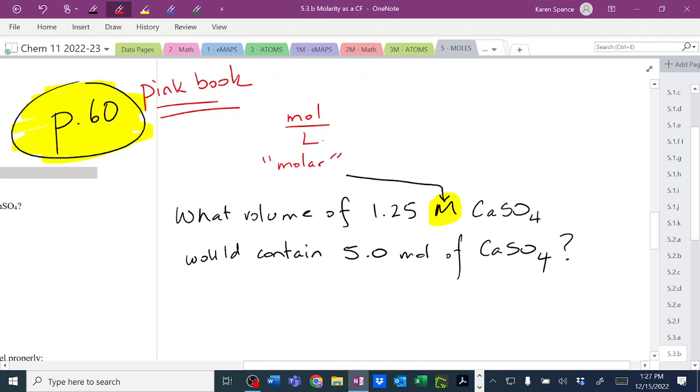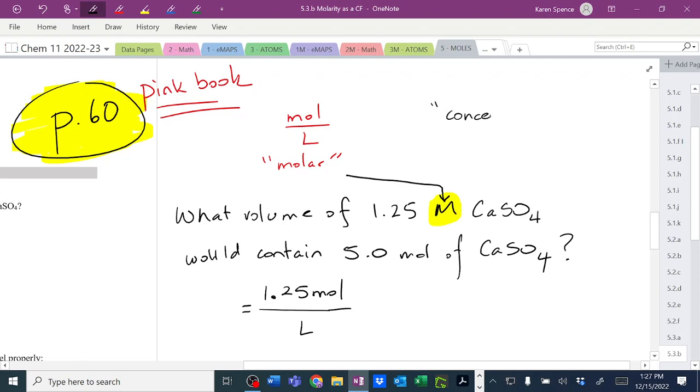And anytime you see it in a question, you should automatically rewrite it as 1.25 moles per liter. Is that good? Okay.